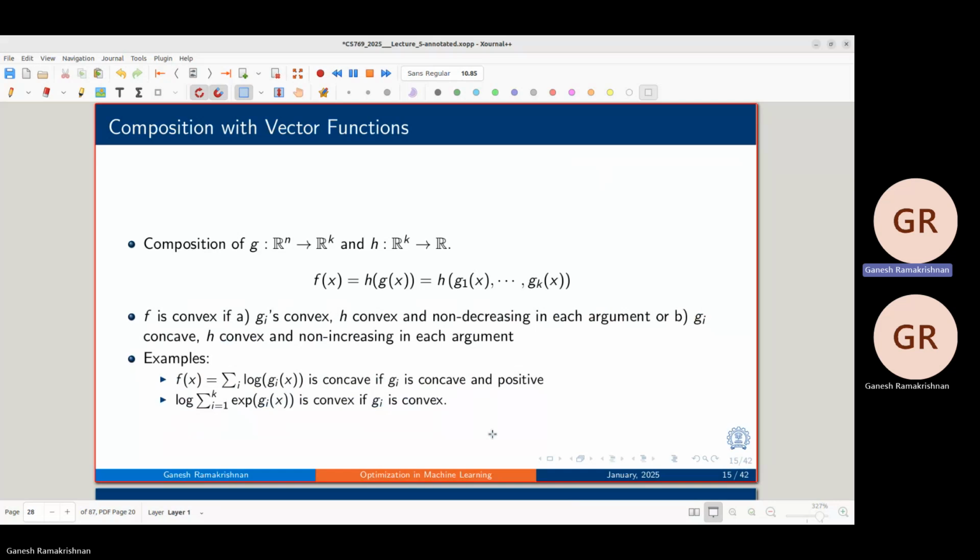And its convexity is actually very critical for ML. Do you think it fits into any of A or B? Log sum exp, does it fit into the composition A or composition B?